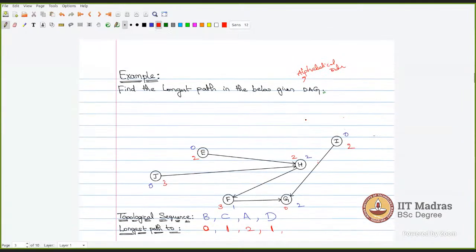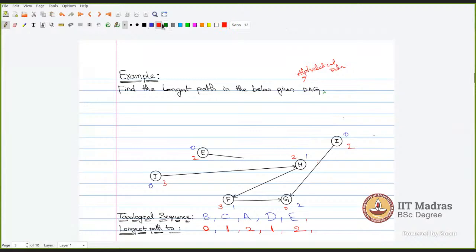Now we again have 3 vertices which have in-degree 0. While traveling we are taking them in alphabetical order. So we remove E and this particular edge. Once I remove E, I will add it to the topological sequence. And the longest path to E is 2. Once I remove this particular edge, I have to update the in-degree of vertex H, which is 2 minus 1, so the in-degree will reduce by 1.